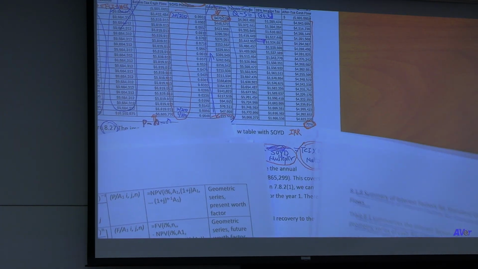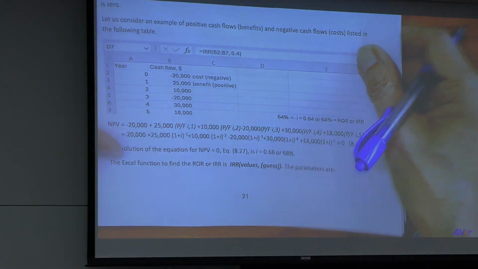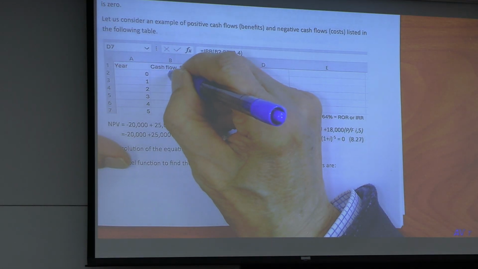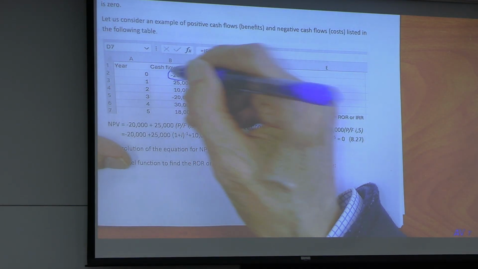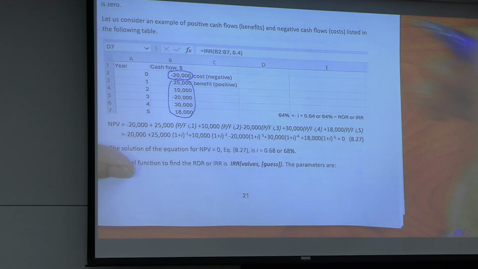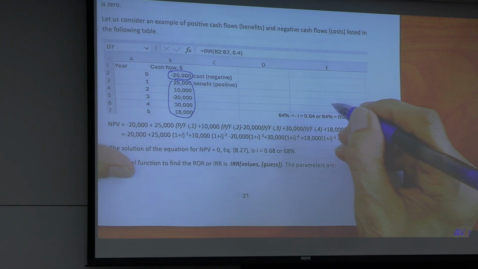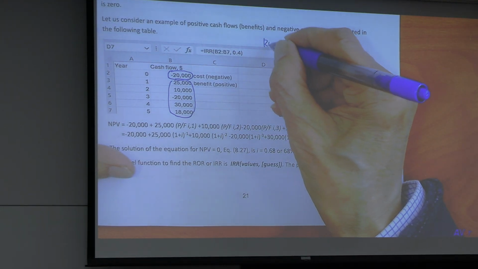Yeah, here, page 21. Watch here. Minus different income. You want to find the rate of return, ROR.